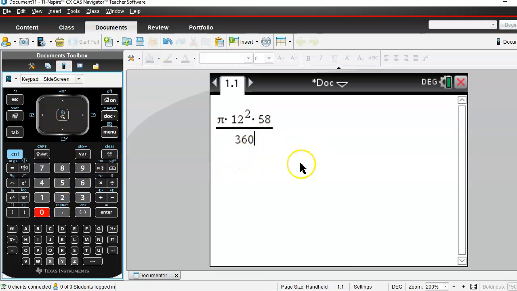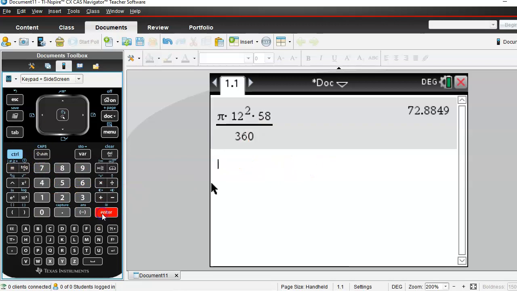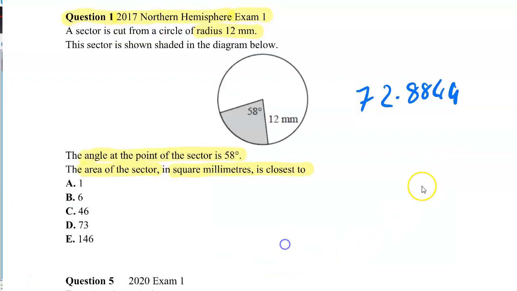Now, I want a decimal answer, so I make sure I press Control Enter. 72.8849. So that will be closest to 73.